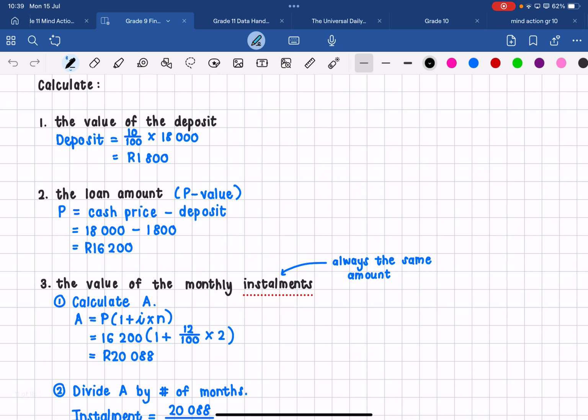This I'm just going to highlight actually, and I just want to add that as a note there. So this P, the loan amount, cash price minus deposit, I'm just going to add: if the question states that there is one. Okay, please just add that, because sometimes there won't be a deposit.